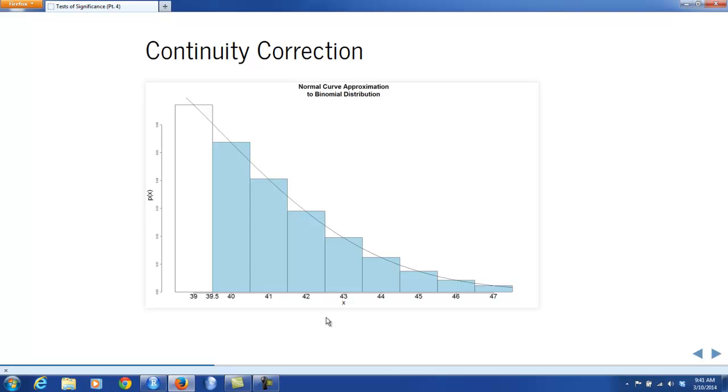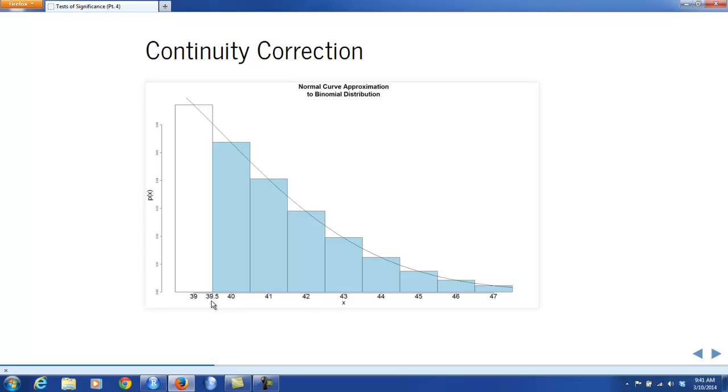However, we do need to be careful. If we want the area under the curve to come as close as possible to the actual area of the rectangles, then we need to start the area under the curve at the left-hand endpoint of the rectangle centered over 40. That's so we can capture all of that rectangle. We don't want to start at 40 because then we'll miss the left-hand side of the rectangle over 40.